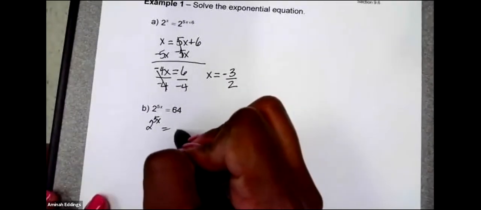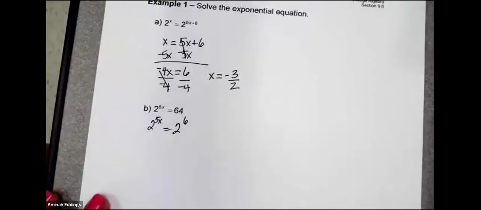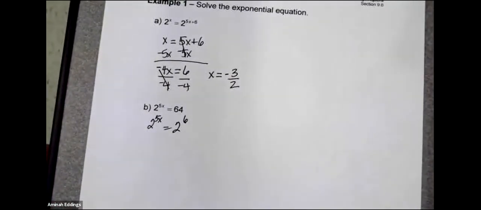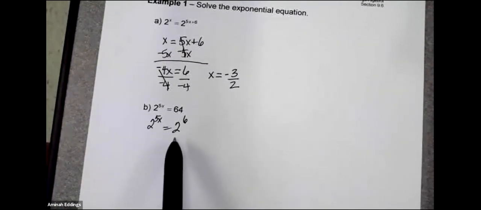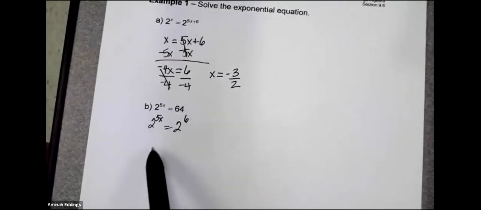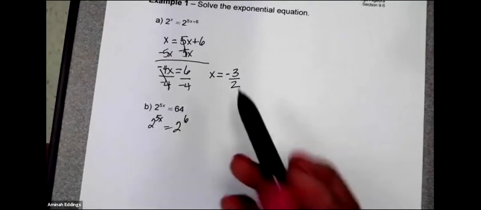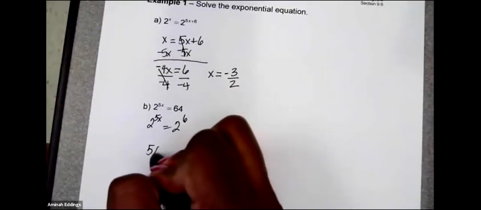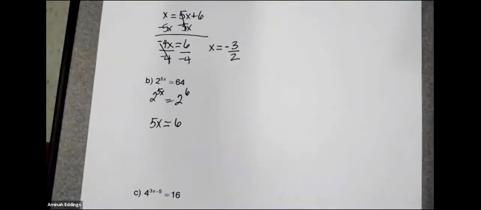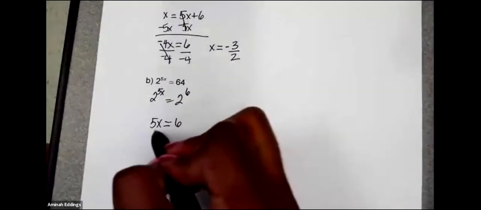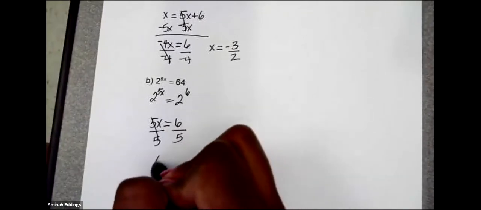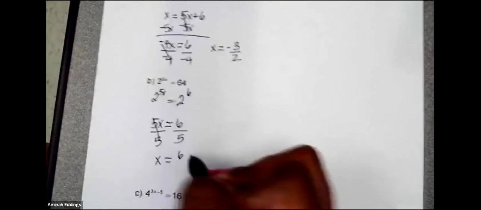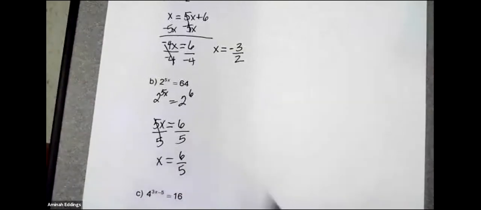And that's where we get 2 to the 6th power. So now our bases are the same, and so now we can drop our exponent. And so we would get 5x is equal to 6. Divide both sides by 5. And our answer is x is equal to 6/5.